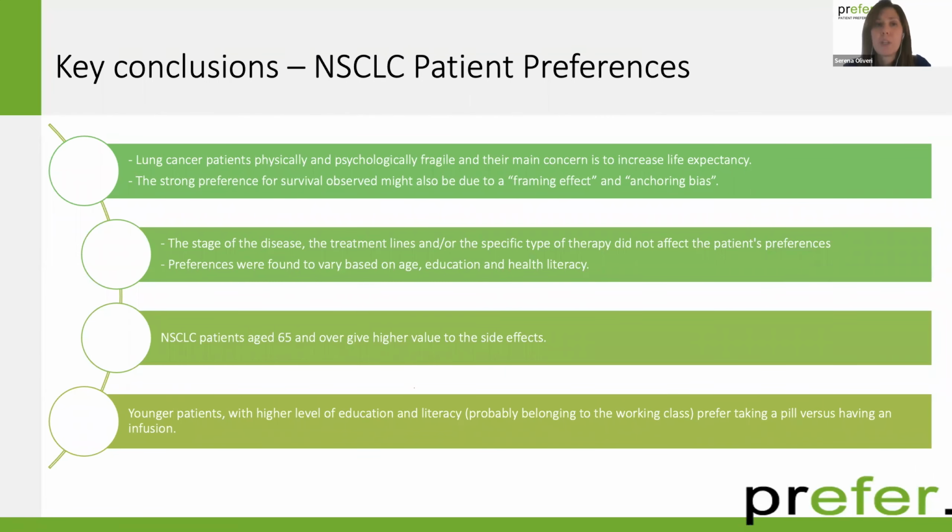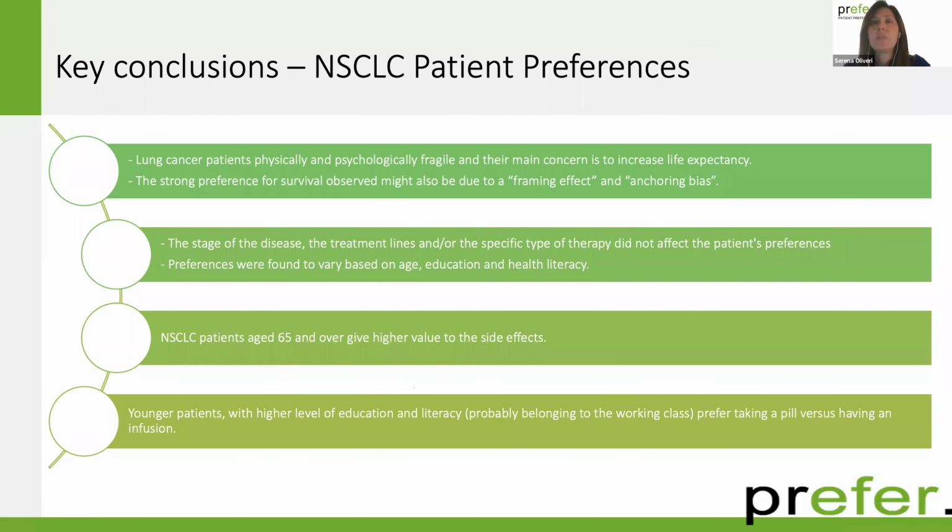Lung cancer patients are so physically and psychologically fragile that their main concern is to increase life expectancy when they have to choose a therapy. But another hypothesis is that the way we present the different attributes is also important, in particular the attribute survival.